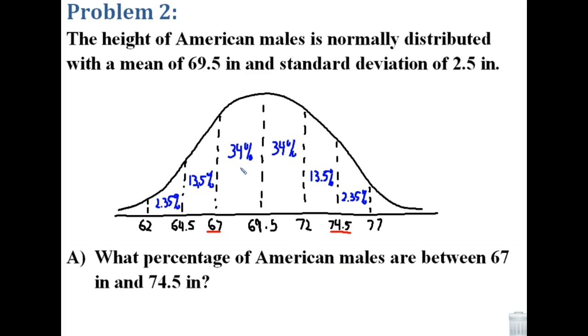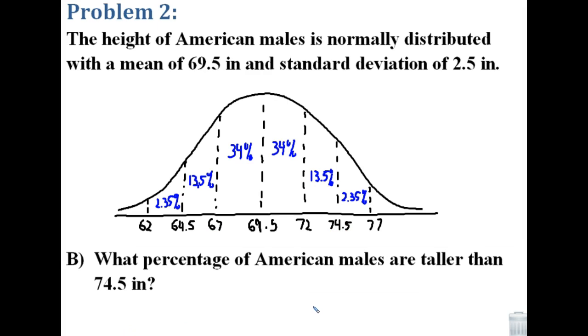To do that, we'll just add the percentages that fall within each of those chunks of this graph. So in other words, 34 plus 34 plus 13.5. When I add all that together, I get 81.5%, meaning 81.5% of American males fall between 67 and 74.5 inches.